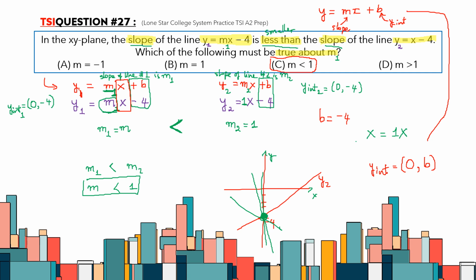Line y1 depends on the slope m. We can only say that m is less than 1, because the given information says the slope of line number 1 is less than the slope of line number 2.